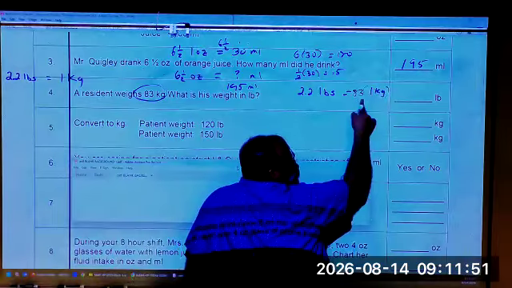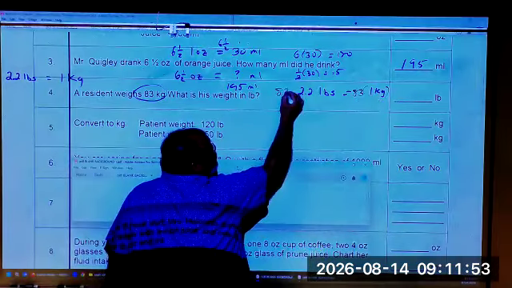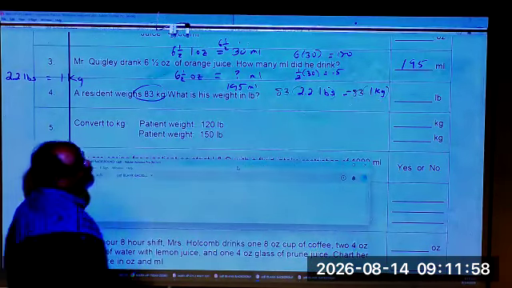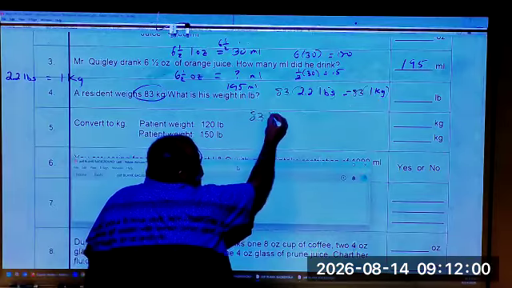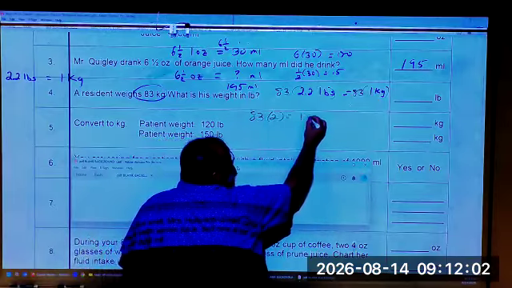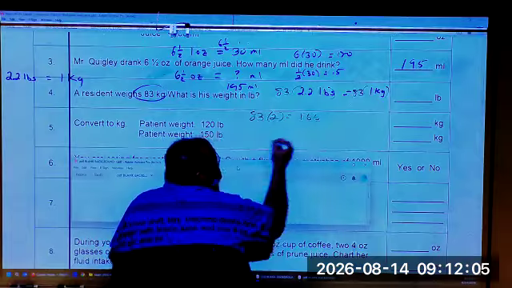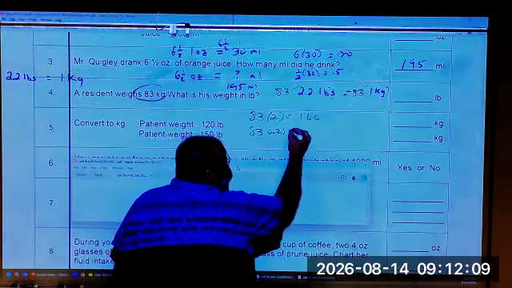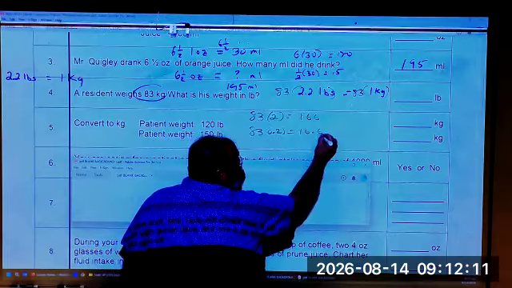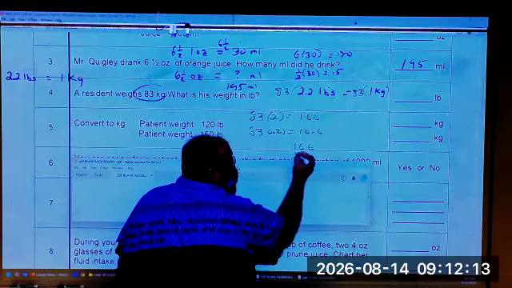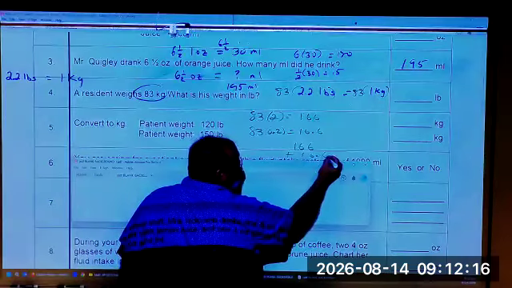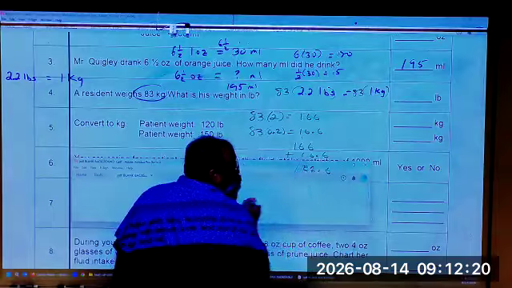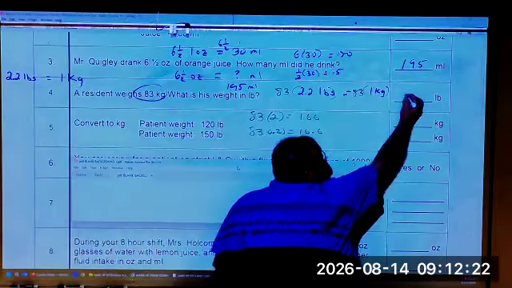I have 83 of these single kilograms, so I have 83 of these single 2.2 pounds. So 83 times 2 is 166. And 83 times 0.2 would be 16.6. So 166 plus 16.6 is going to be 182.6.